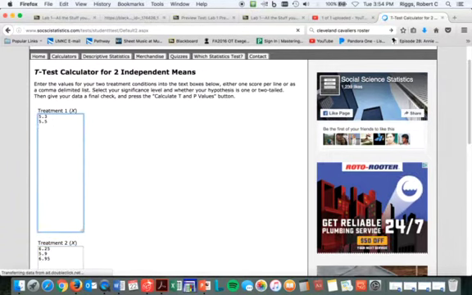I'll put in like 5.4, 6 foot, 6.0, 5.7. I'll put in a few, but I don't want to get the exact same number that you're going to get. So 5.4, 6.1. Okay, now let's put in some more of our NBA players over here: 6.5.